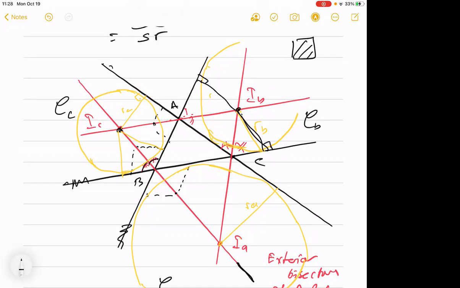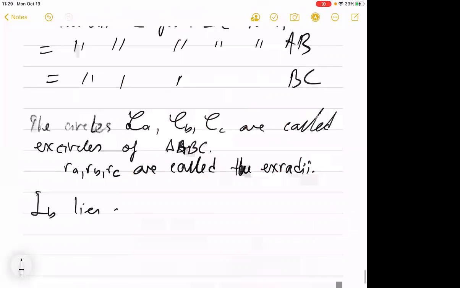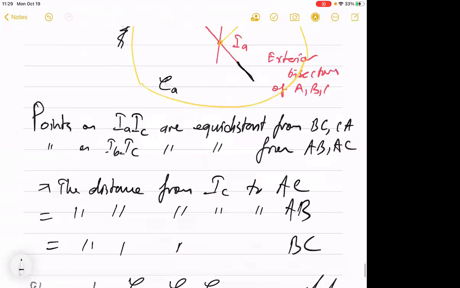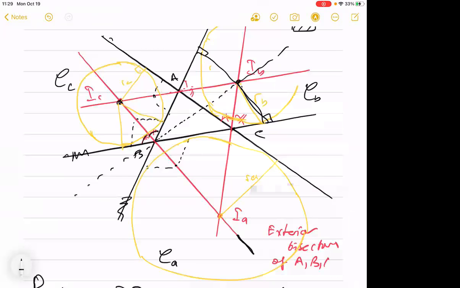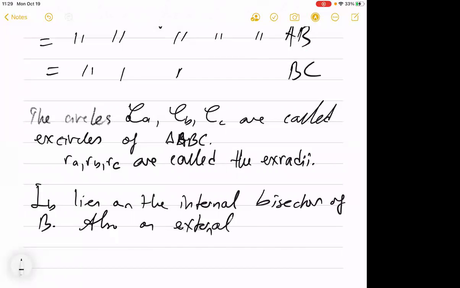So this point lies on the internal bisector of B. So IB lies on the internal bisector of B, and it's also on the external bisectors of A and C.